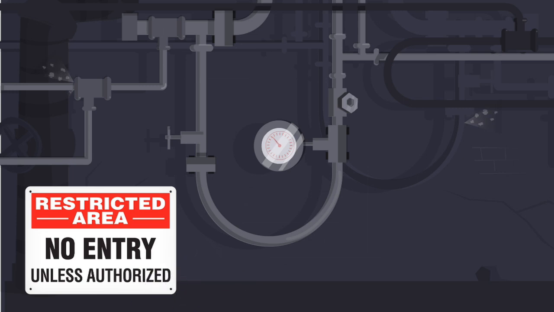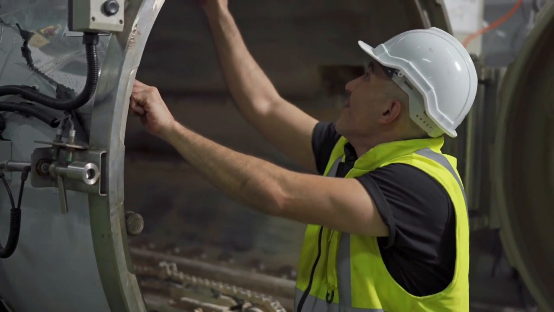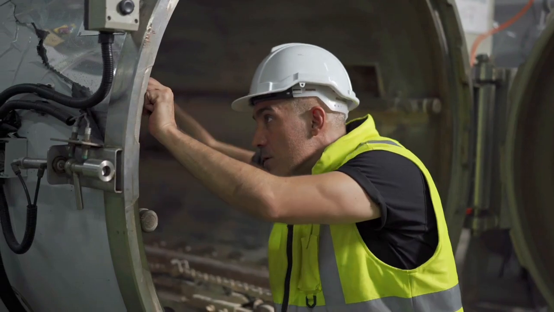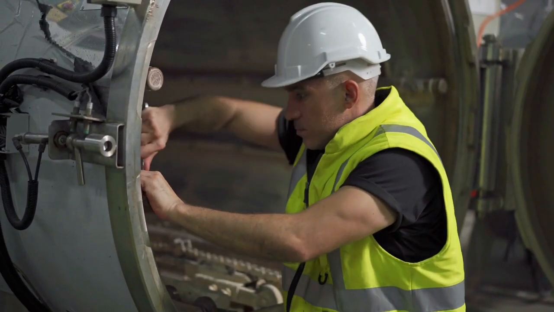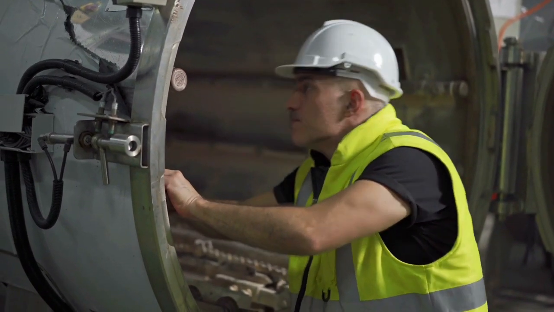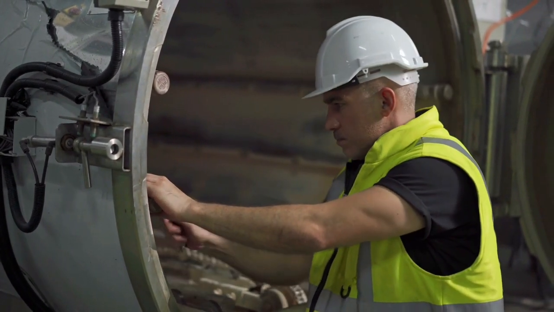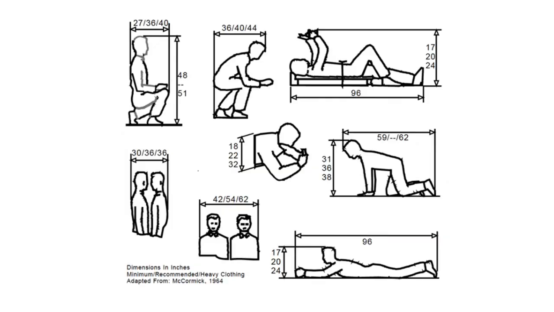Sometimes, the work may have to be done in restricted places in manufacturing, especially maintenance work, where the equipment to be attended may not give a lot of space to the operator concerned. But the machine manufacturers and installation engineers should consider these recommendations. These illustrations and recommendations are taken from E.J. McCormick's works.